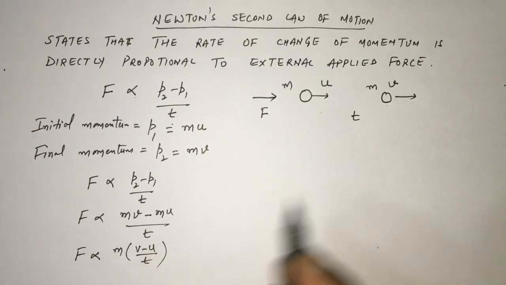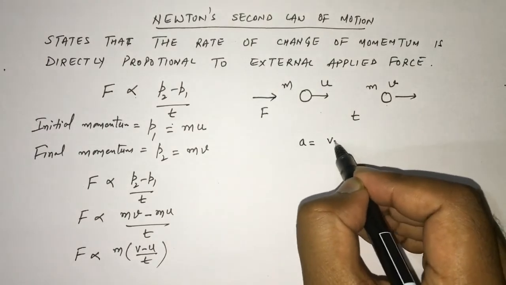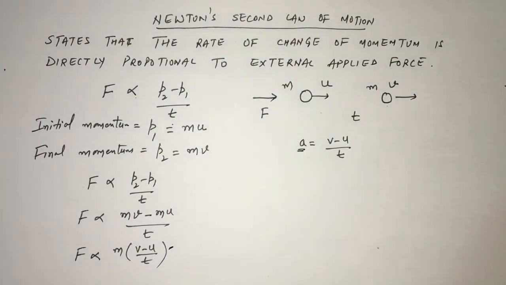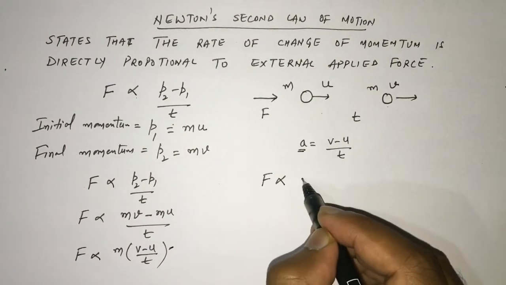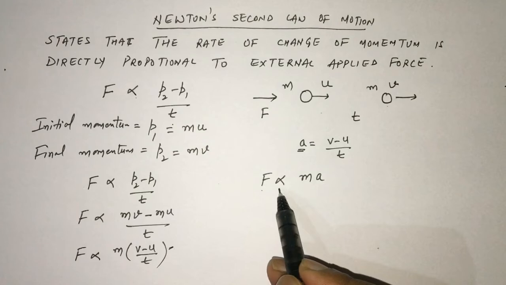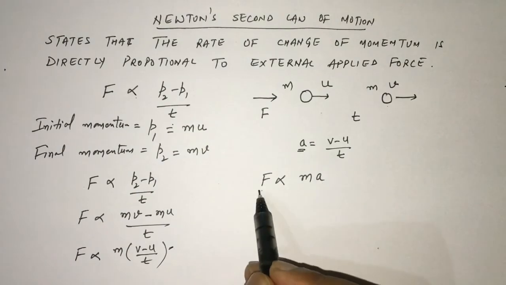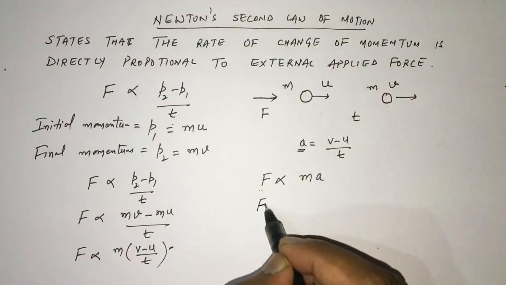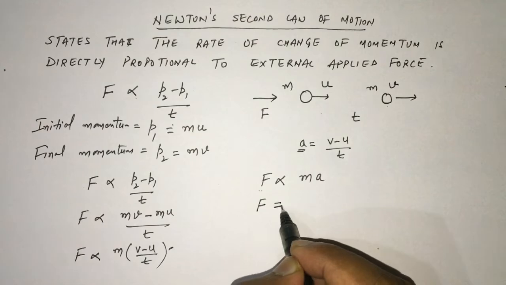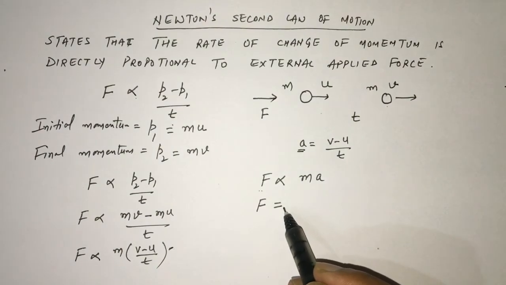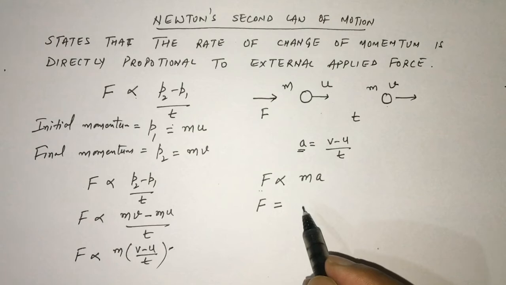Now, look at this. We have the formula of acceleration, that is (v minus u) upon t. Put the value of this acceleration in this equation. Now, F is directly proportional to m into a. So F depends on mass and acceleration. Remember one thing, whenever we need to convert proportionality into equality, the proportional sign to an equal sign, we need to use a proportionality constant.